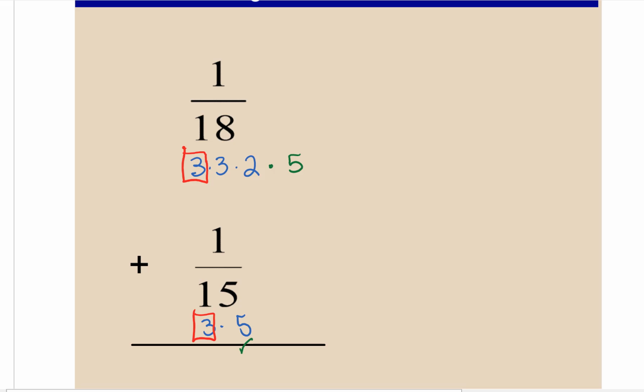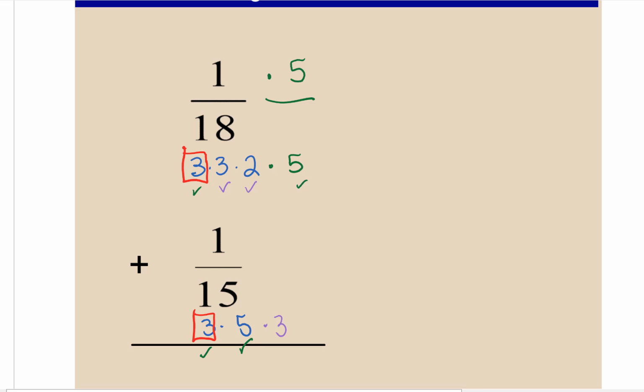So now I have the 3 and the 5 that I see for the 15. Since I multiply the denominator by 5, I multiply the numerator by 5 as well in order to have equivalent fractions. Now for my 15, I am missing the other 3 and the 2 that the 18 has. 18 has 2 3s, so I need another 3 for my 15.